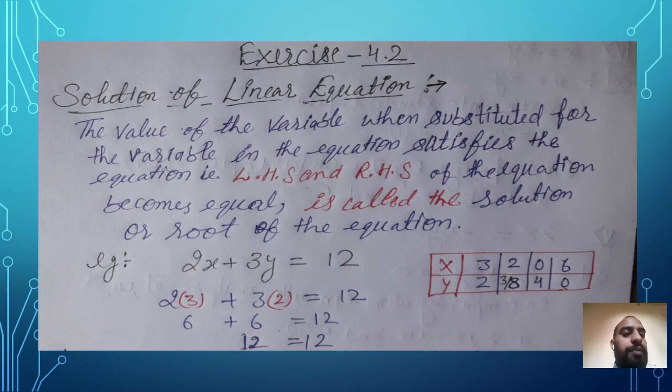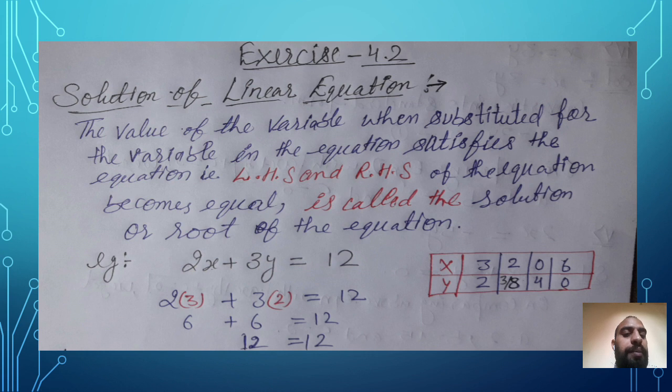Those values of x and y which satisfy the equation are called solution or root of the equation. Keep in mind, sometime it is written there solution, sometime it is root of the equation. Both thing is same. So let's take an example to understand this type of questions.